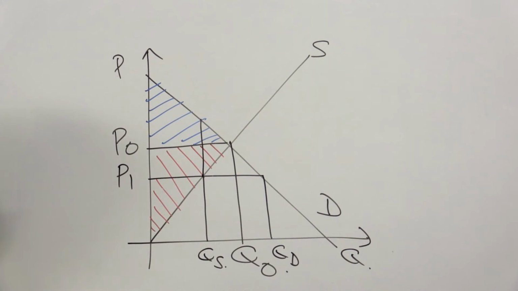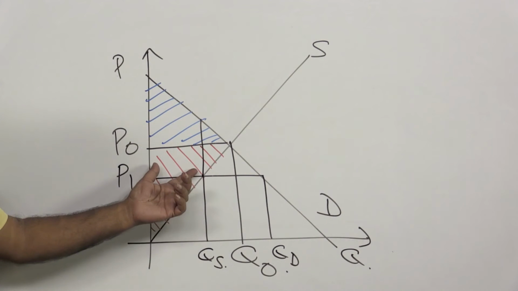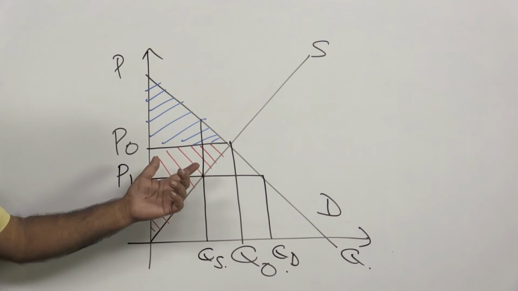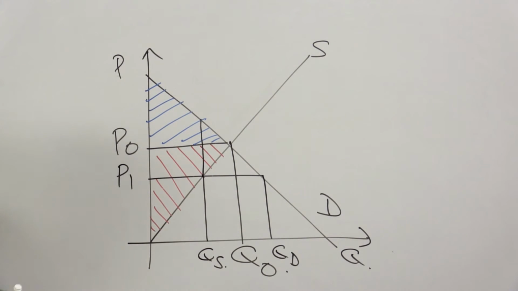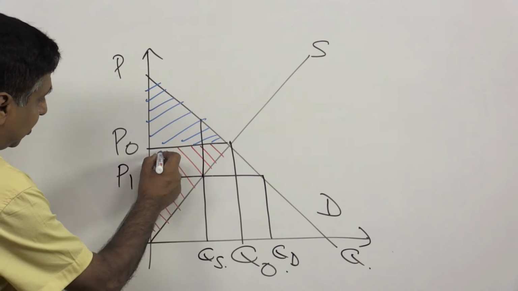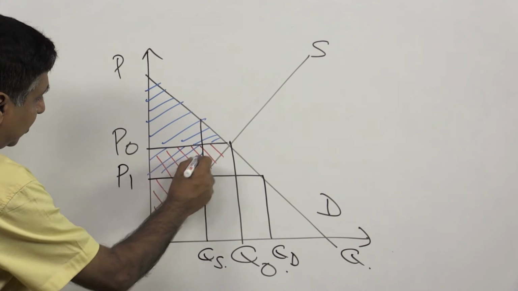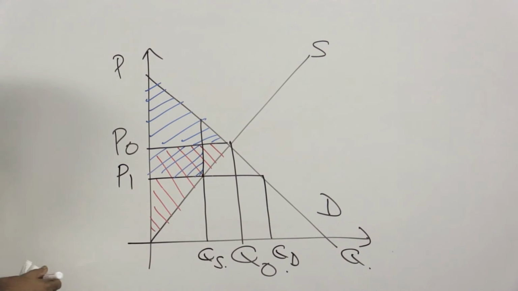Now some of that consumer surplus has increased, because some people are able to rent properties at a lower price, so I shall make this part also shaded blue. This is an addition to the consumer surplus.